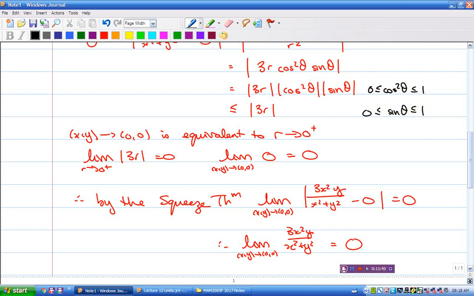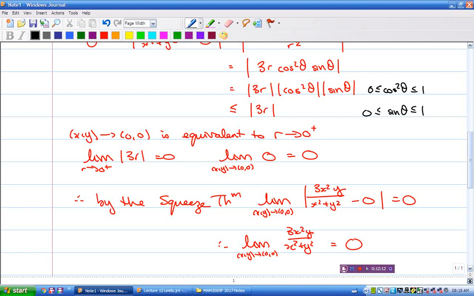Therefore, the biggest cos squared could possibly be is 1, and the biggest that sine can possibly be is 1, and hence the biggest that product of those three factors could possibly be is 3r. So by replacing that product of three things with 3r, I've replaced it with its absolute possible maximum, and that's why the inequality came in. I know 3r is as big as that product can possibly be.